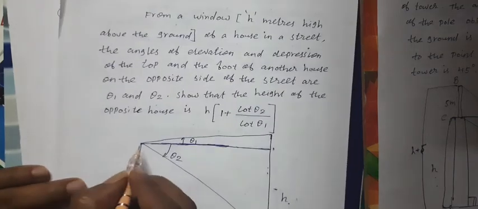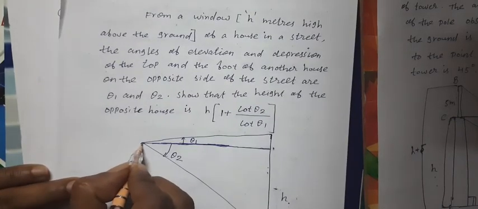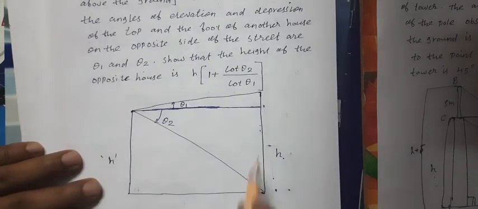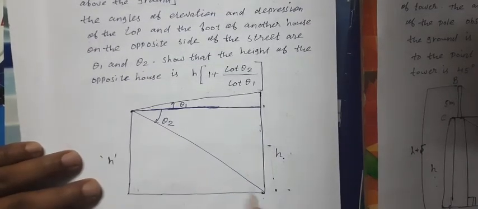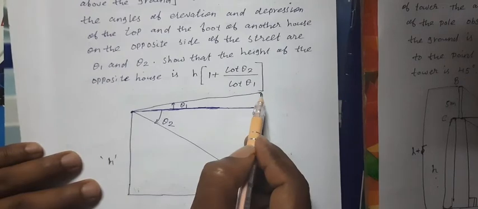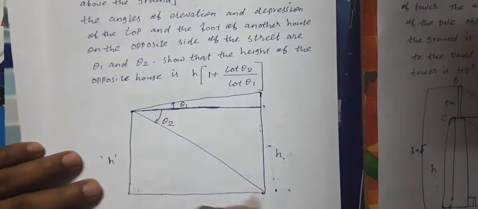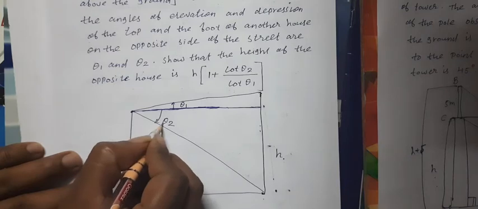So standing at the window, we can see the top and foot of the other house: the top at elevation theta 1 and the foot at depression theta 2.